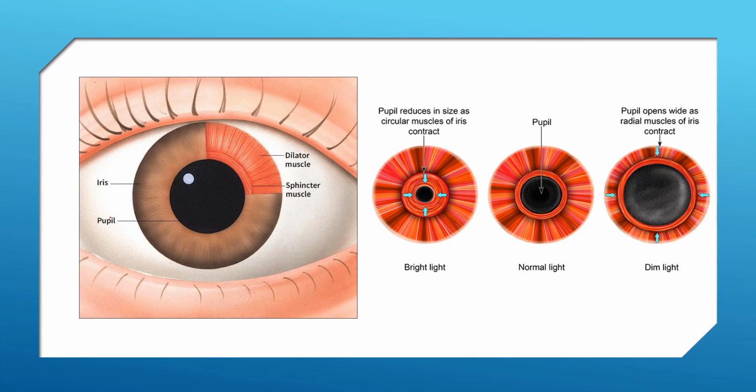When there is a bright object or bright light, we have two muscles around the eye, the sphincter muscle and the dilator muscle. The sphincter muscle contracts to reduce the size of the pupil, to reduce the amount of light entering the eye.